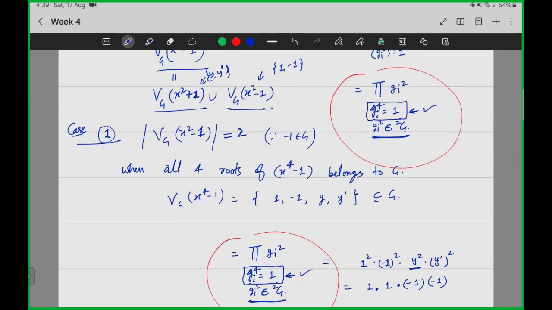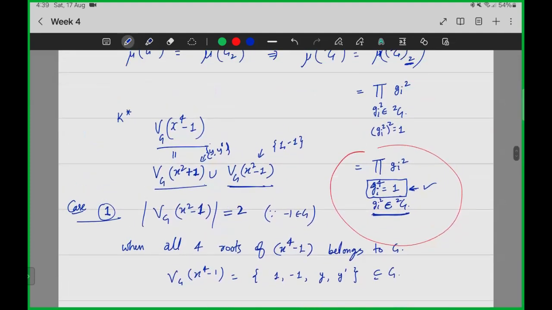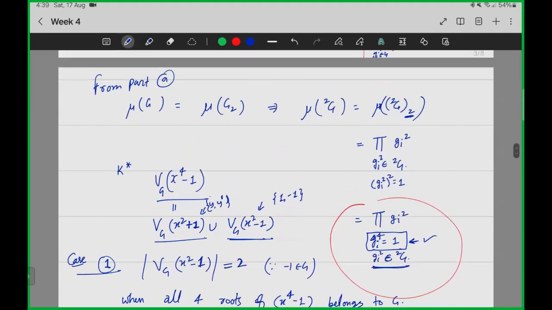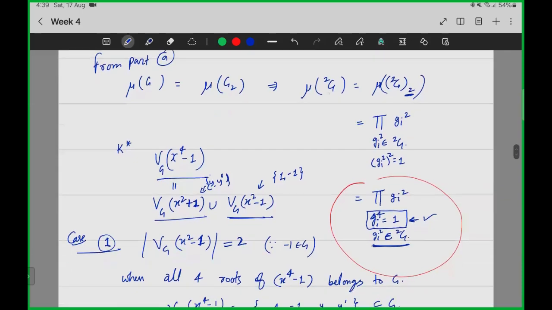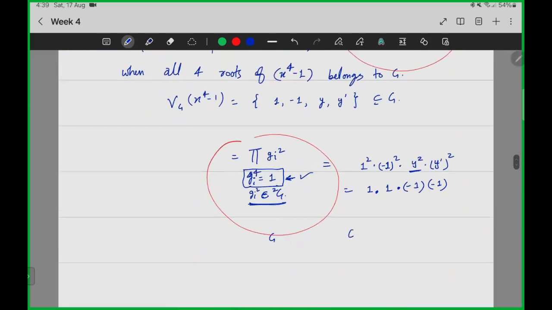Yes. Okay. So in case 1, we are calculating only this part. Mu of 2G in case 1 becomes 1.